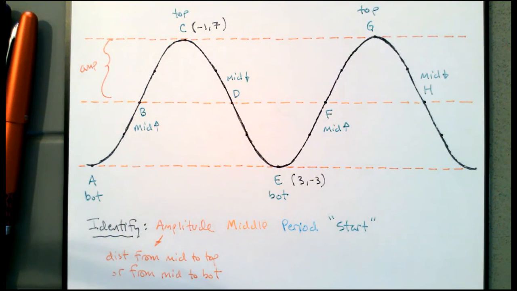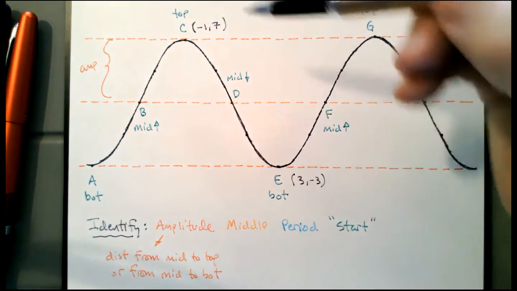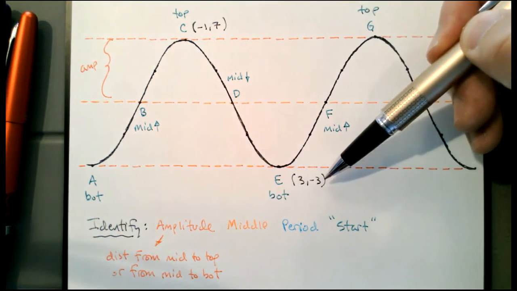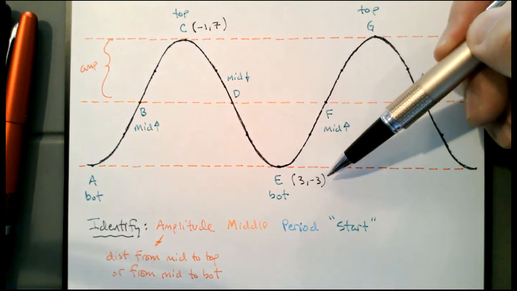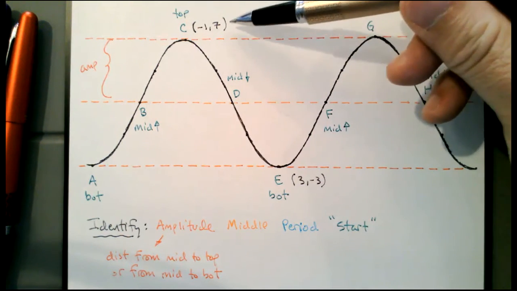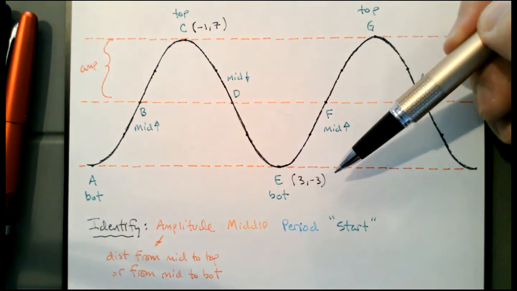I don't know where the y coordinates of the middle are, but I know at the top we're at 7, at the bottom we're at -3. So how far is it from 7 all the way down to -3? That's a distance of 10. It's 10 units to go from 7 to -3. And so the amplitude will be half of that.